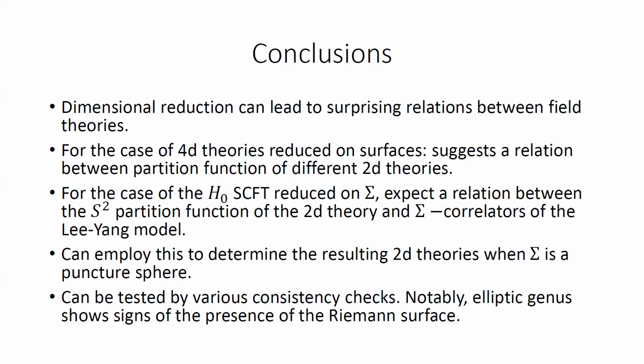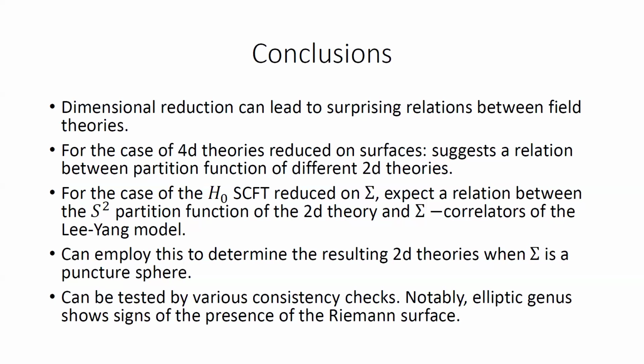We've seen that in the specific case, if you look at a 4D N=2 theory, it's natural to expect a relation between the reduction of that theory on a Riemann surface, which gives a 2D (2,2) theory, and the chiral algebra of the theory. In particular, for the case of H0, we have suggested a relation between the reduction of H0 on some surface sigma, giving a 2D (2,2) theory, and the sigma correlator of the Lee-Yang minimal model.